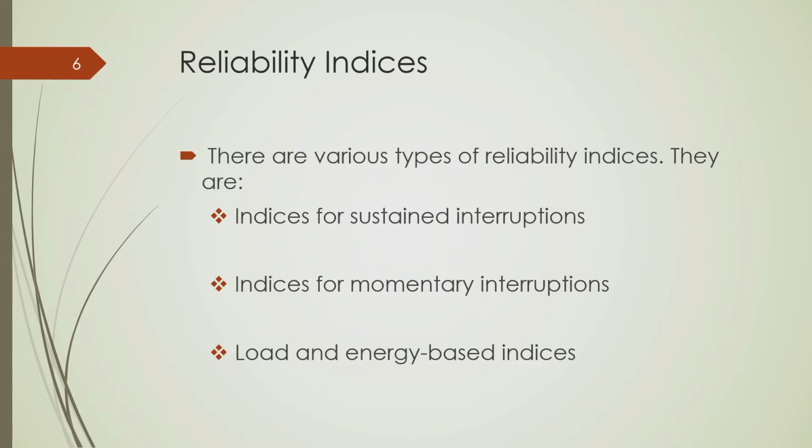Now, in the next few slides we will talk about different types of indices, which are formulated traditionally by distribution network planners or designers in order to assess the reliability of a typical distribution network. These reliability indices can be further categorized into three different types. One set of indices is only for sustained interruptions.